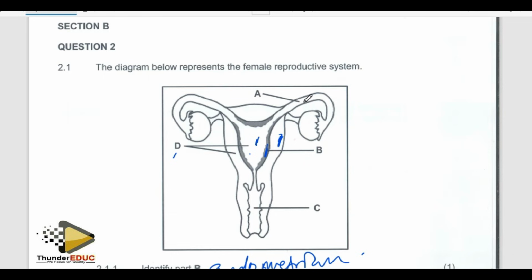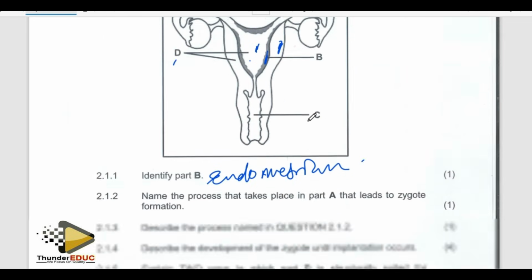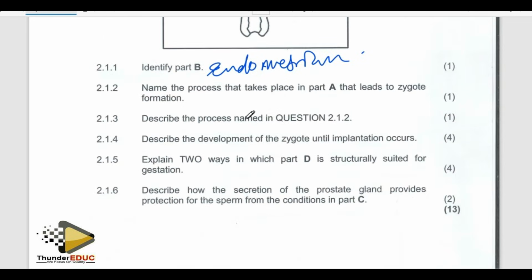The sperm finds the ovum there. So the process here is fertilization.